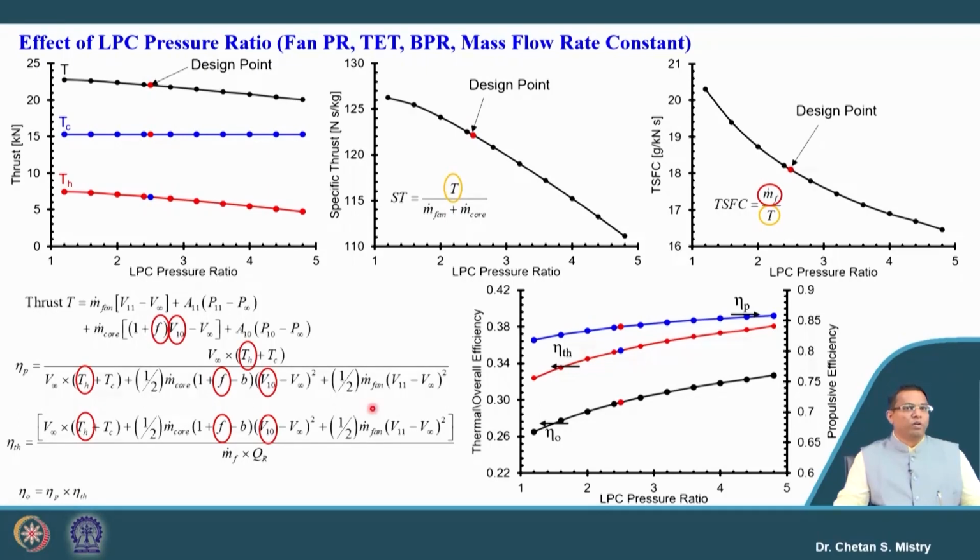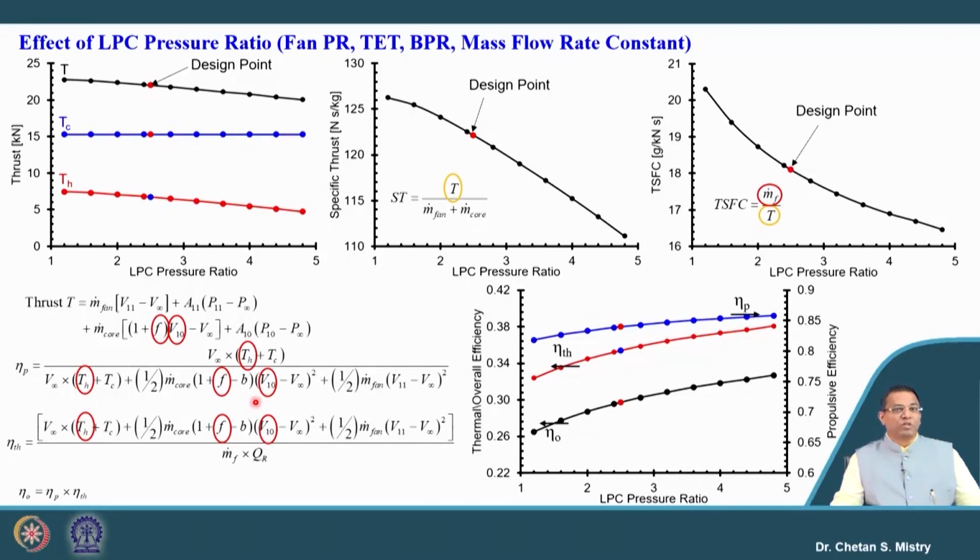Now, on the left hand side, these are all representing the equations. You need to understand the impact of change of LPC pressure ratio on these highlighted parameters. Mainly they impact our exit velocity.